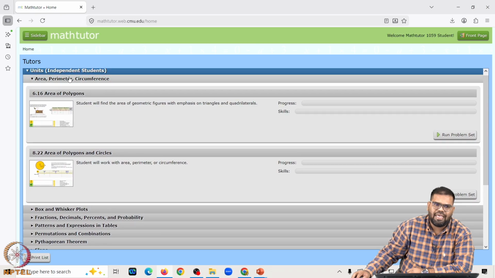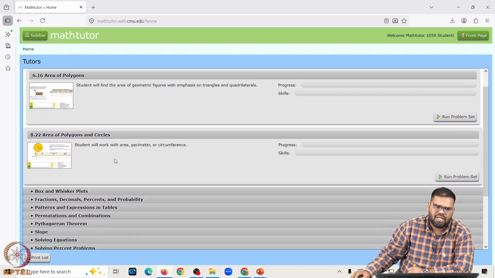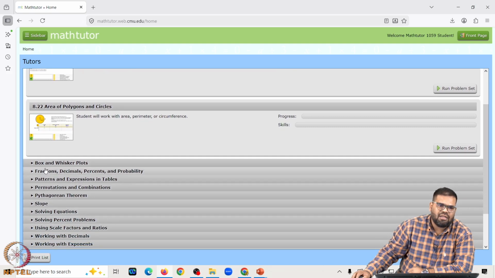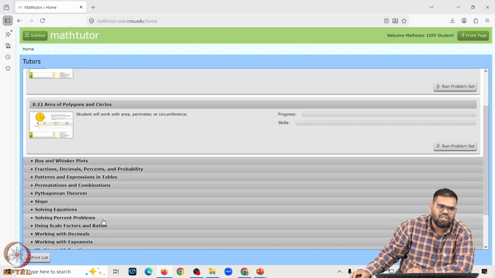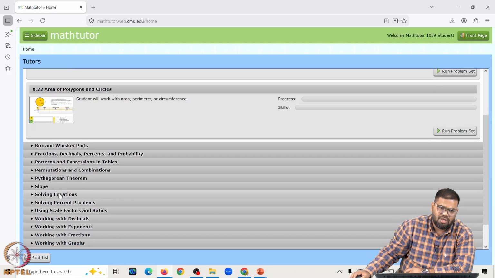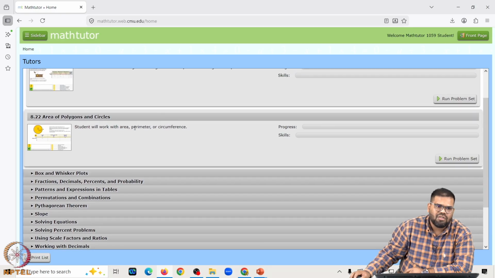Suppose area, perimeter, circumference, we can solve problems based on that. Then area of polygon and circle, box and whisker plot, permutation, Pythagorean theorem, slope. We can go to any one of them. So let's go to maybe area of polygons and circle.